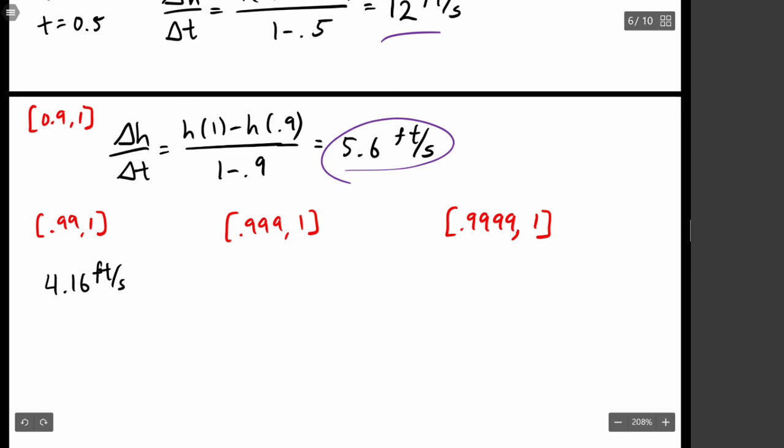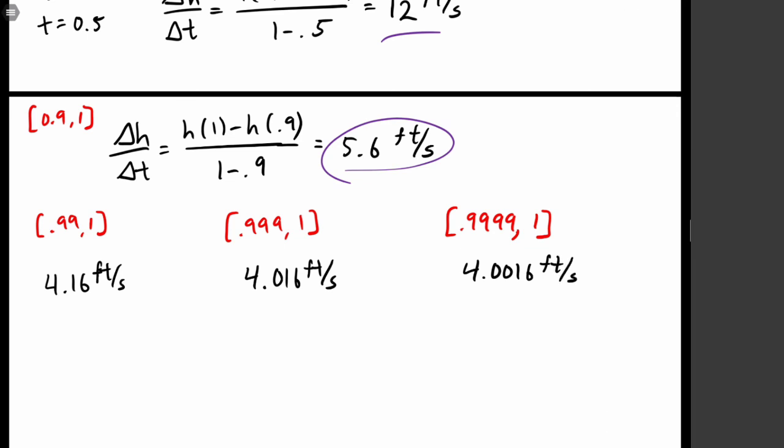Okay. So again, this is our best estimate yet. When we move here, we get 4.016 feet per second. And if we do it one more time, we get 4.0016 feet per second. Right? So again, we're just doing the average rate of change of h over these intervals.